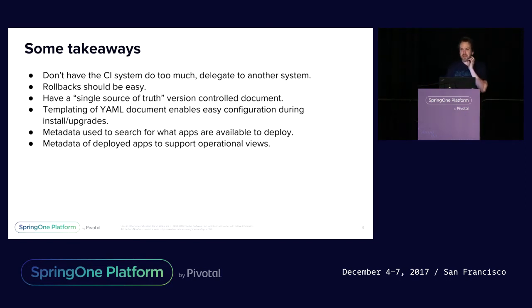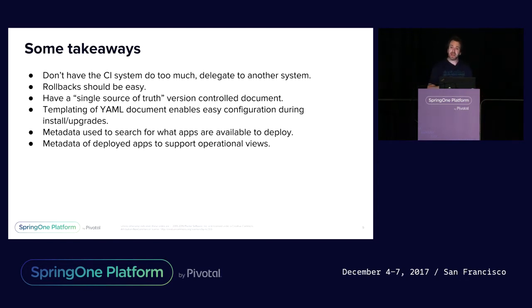And this idea of having a single source of truth, basically these YAML files, in the case of Kubernetes, and we'll see also in the case of Skipper, basically represent what was pushed to the platform. And since they're documents, you can template them, which means you could easily substitute values so that you don't have to edit the bizarre location in a YAML file where the one particular property you want to change is. So it really simplifies that whole configuration.